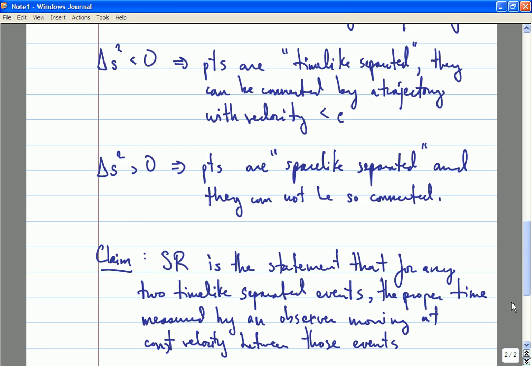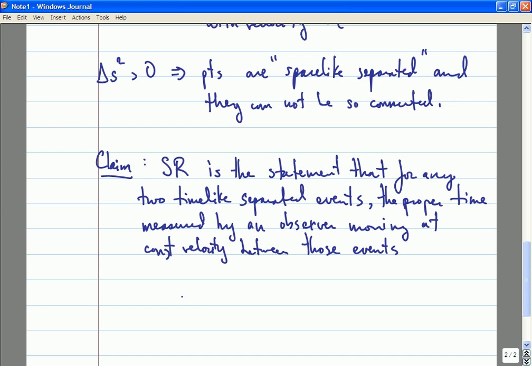is given by the formula delta tau squared is minus delta s squared. Remember, for time-like separated events, delta s squared is negative, so delta tau squared is positive in this formula, and delta tau is a real number. If you were to try to compute this for space-like separated events, you would find that it's imaginary.